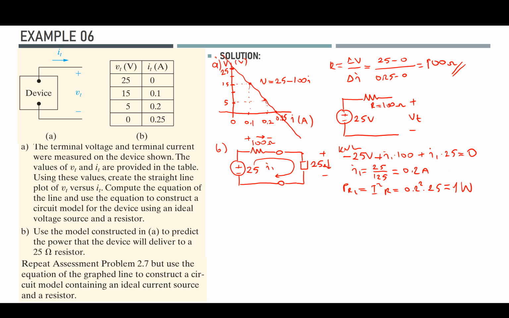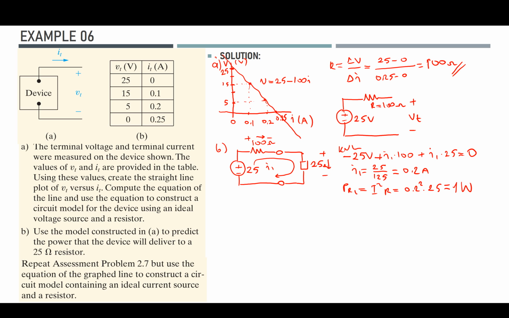And last but not the least, in the very end, this time we are asked to construct a circuit model which uses an ideal current source and the resistor.